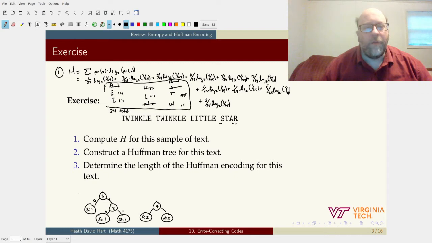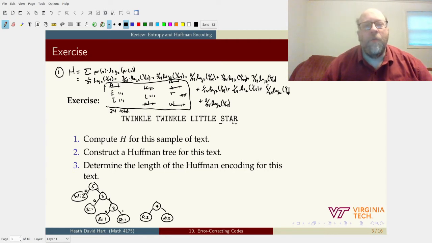W only has a weight of 2, so it'll go on the left, and the 3 goes on the right. 0 and 1. And now this has a weight of 5. And W is taken care of.